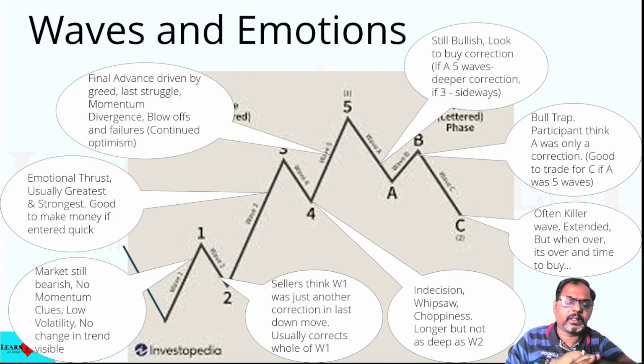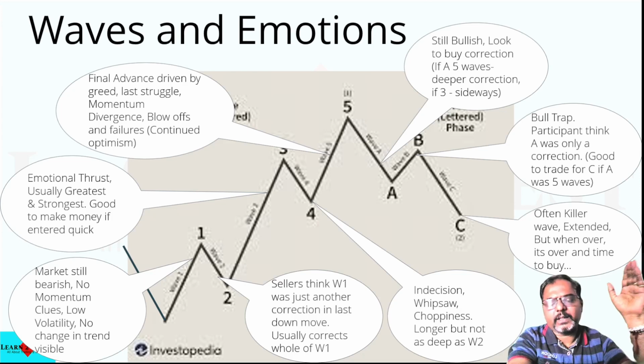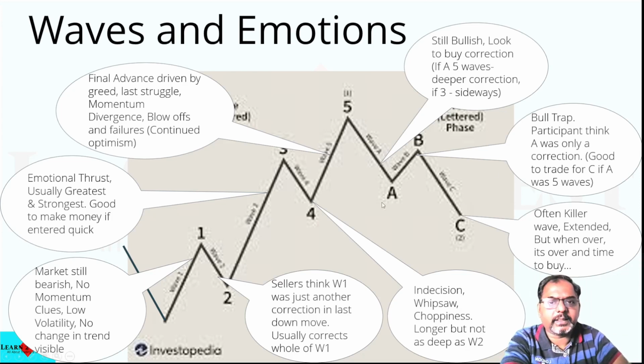Wave C has to take away the last seller in the market, and once the sellers are gone, the market will start rallying up again. If it is 1 and 2, then the third wave will start. If it is 3 and 4, then the fifth wave will start. So usually it will start on the upswing after wave C. That is how the market emotions are.